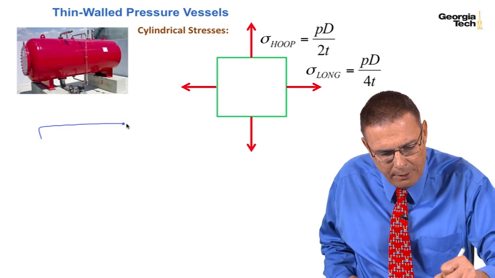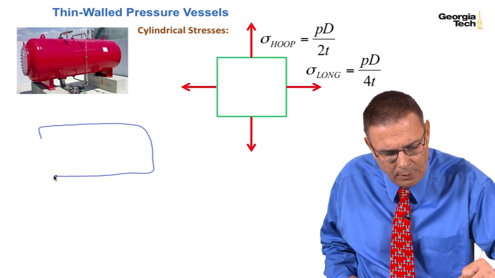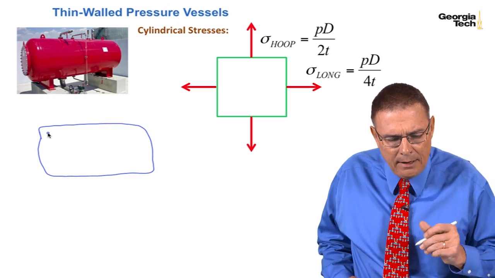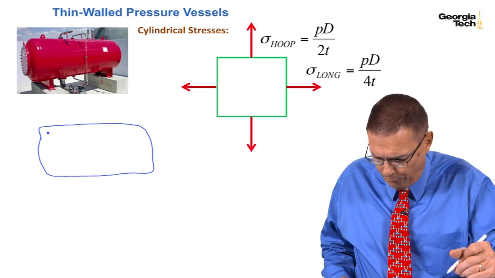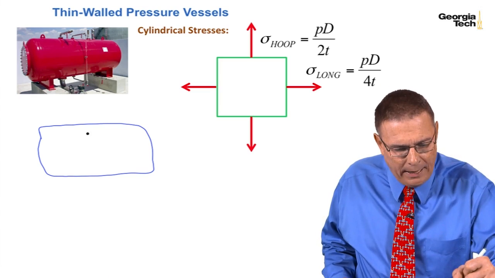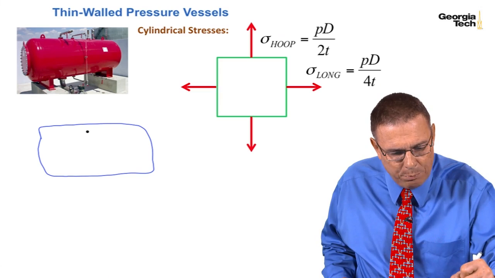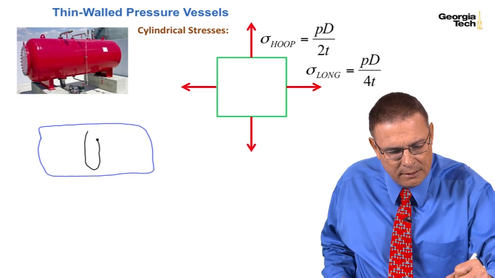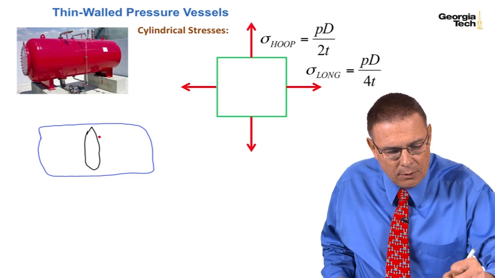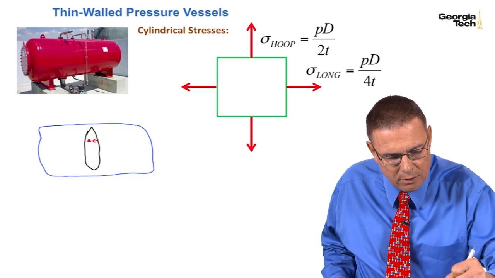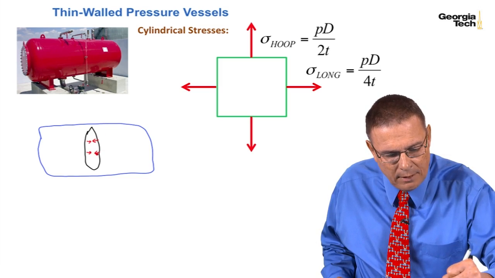Okay, and so here's my vessel. Let's look at if it were to fail on a vertical axis. If it were to fail or split on a vertical axis, then I would have these longitudinal stresses that had failed.